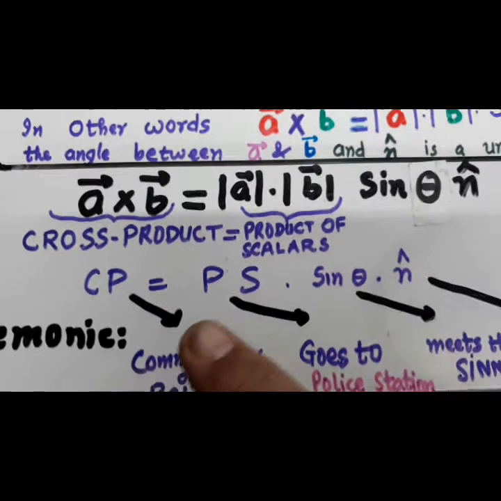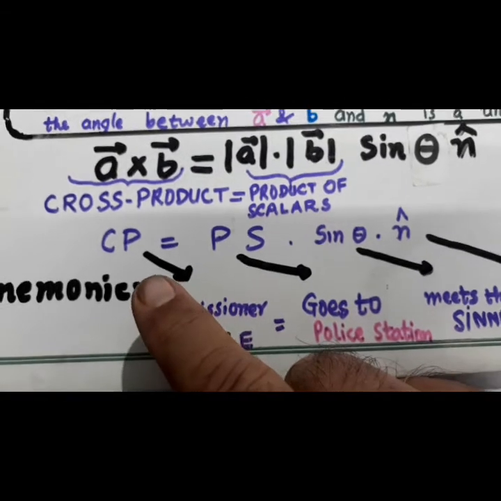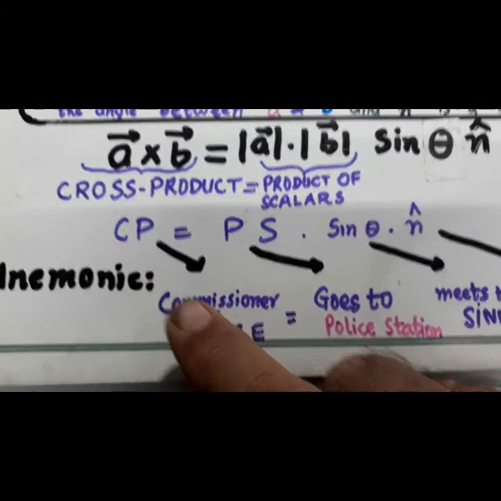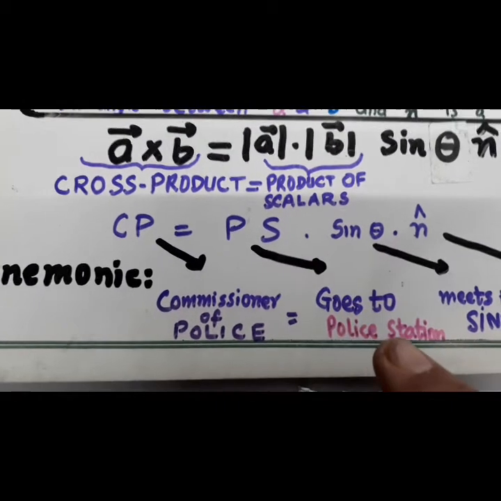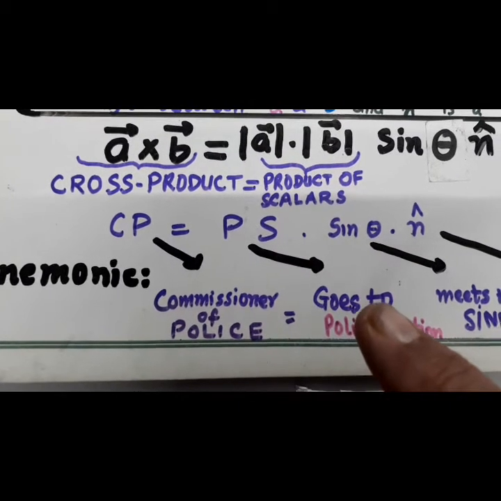Now, remember the mnemonic like this: CP, Commissioner of Police; PS, police station.